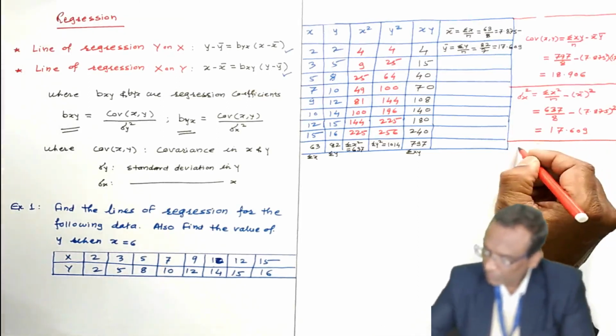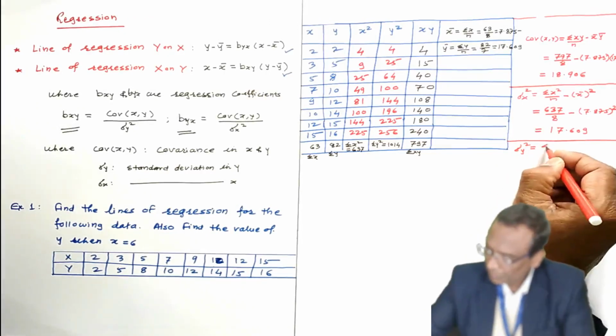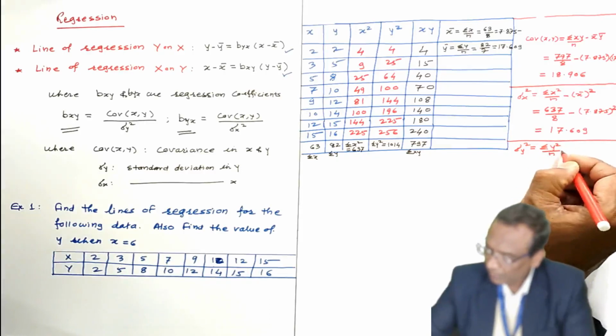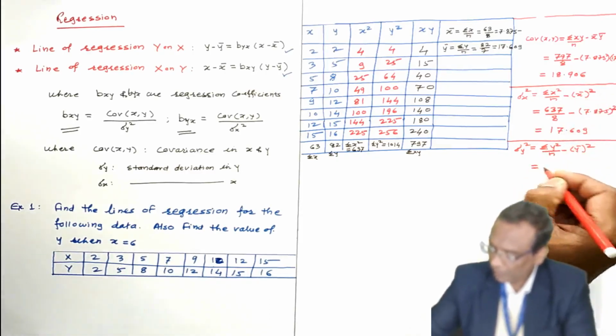Now sigma y square, similarly you can find: summation y square by n minus y bar square. Replace x by y in the formula.